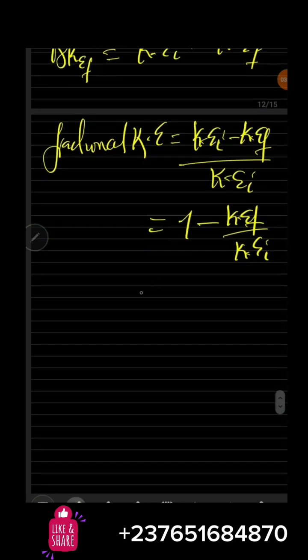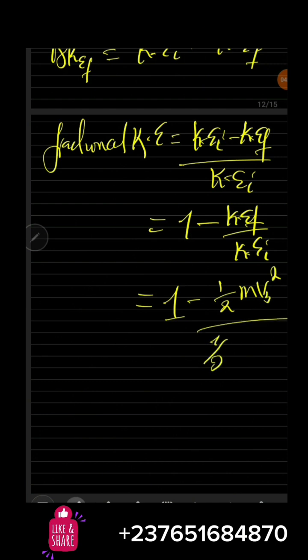So the fractional loss in kinetic energy will be 1 minus half mass of the bullet, speed of the bullet all squared, divided by half times mass of the bullet plus mass of the wood, and u with which they are moving, u squared.